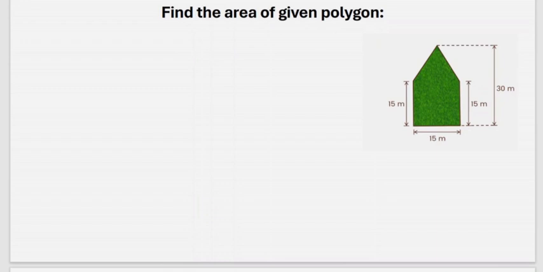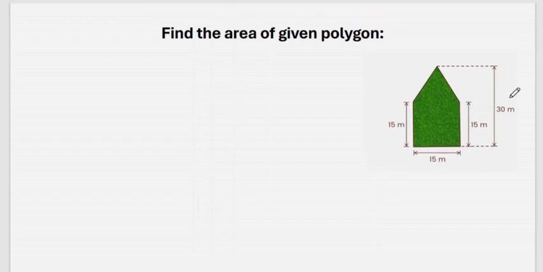Find the area of given polygon. So how we can find? Let me observe this polygon and you can see this polygon can be divided into two areas. What?